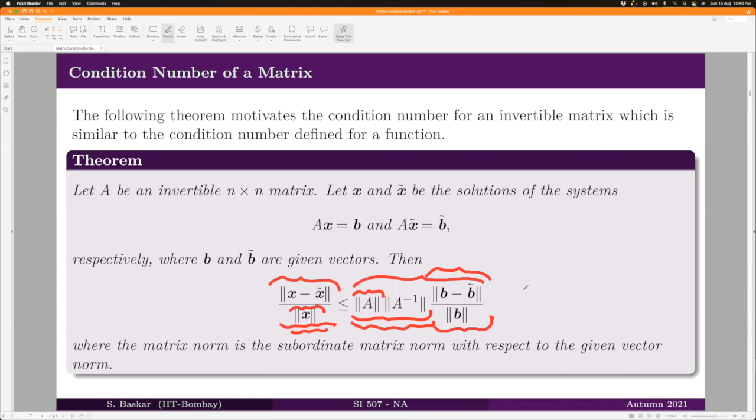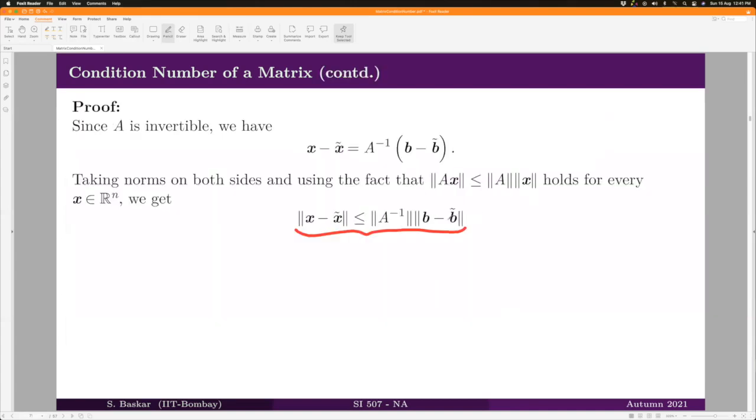But what we got is norm x minus x tilde is less than or equal to norm A inverse into norm b minus b tilde, right? This is what we got. So what we lack now is to divide the left hand side by norm x, and that should somehow bring us one norm A here and norm b in the denominator, right? That is what we want.